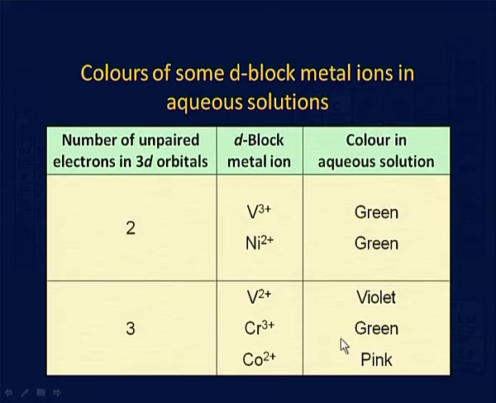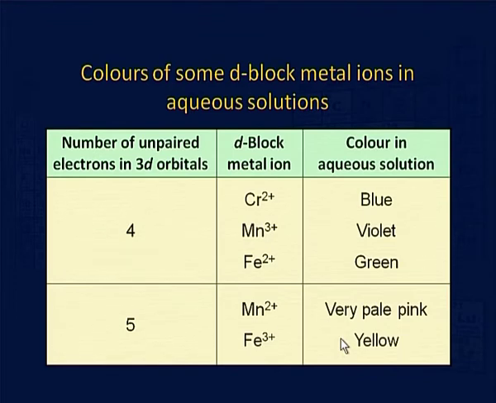Further, the 4 unpaired electrons in manganese 3 plus, Fe2 plus or chromium 2 plus result in different colors, and at the end manganese 2 plus or iron 3 plus have 5 unpaired electrons, giving either pale pink or yellow color. So, is it that the number of unpaired electrons and the color are directly interrelated?